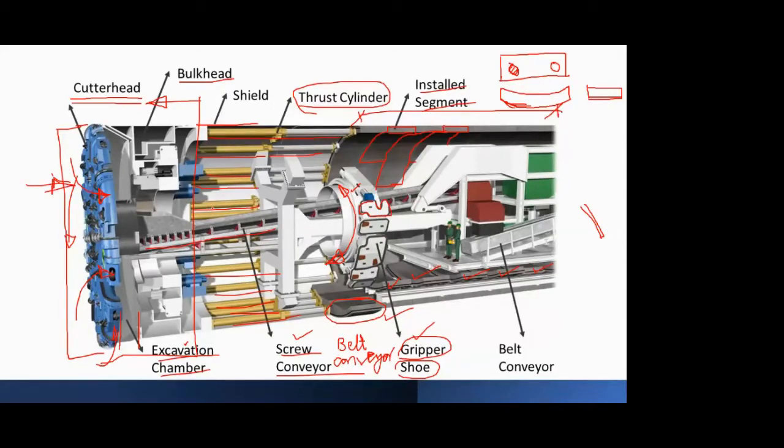So in a TBM, you will see the excavation, the mucking process, mucking being nothing but the process of taking out the muck towards the end of the tunnel, then the forward movement, and the segment lining or segmental lining.